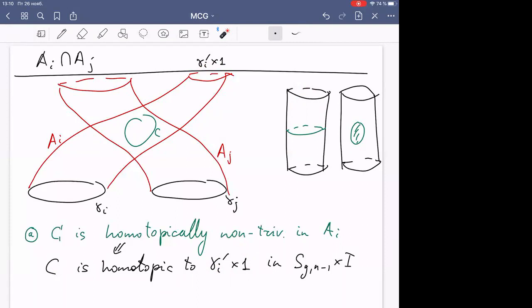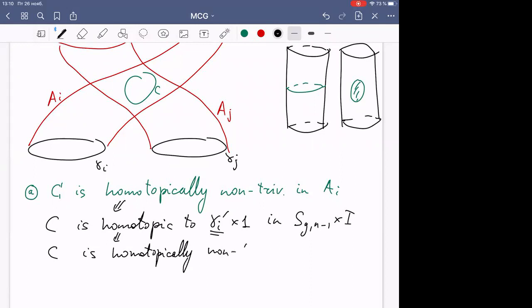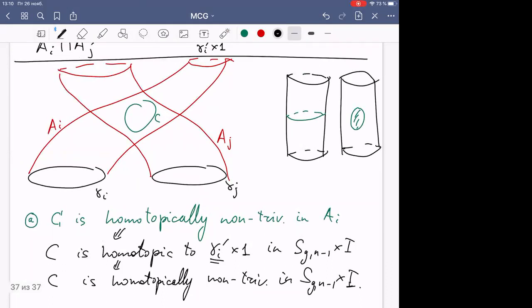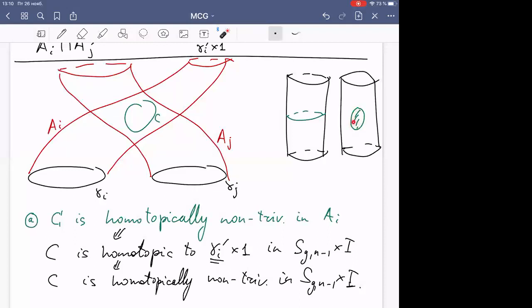But then C is homotopically non-trivial. We know that all our curves are essential, so they are homotopically non-trivial. C is homotopically non-trivial again here. But look, in the second case, our circle would be homotopically trivial since it bounds the disk.